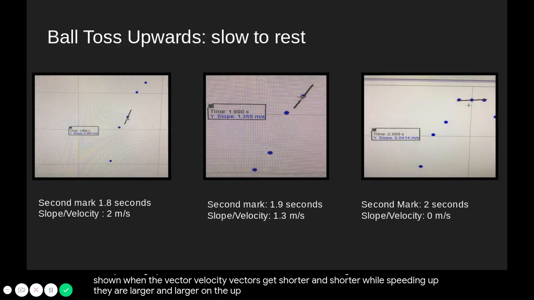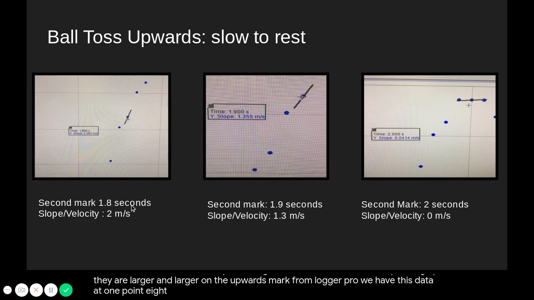On the upwards mark from Logger Pro, we have this data. At 1.8 seconds, the slope of the position time graph was 2 meters per second. Slope, also known as velocity.